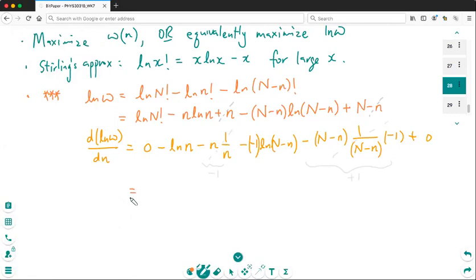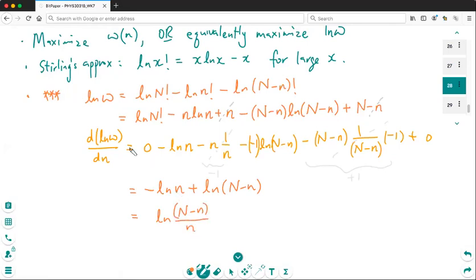So the end result is there. This term is log n. This one is plus log of big N minus little n, and this is a log of big N minus n divided by n.